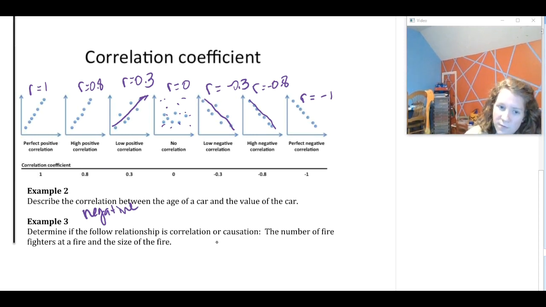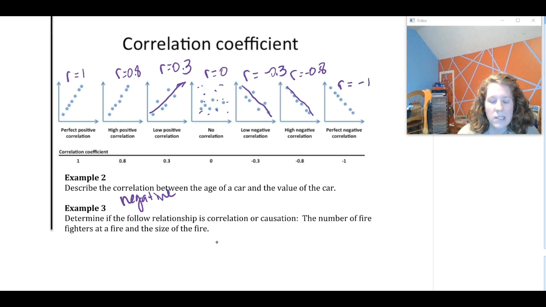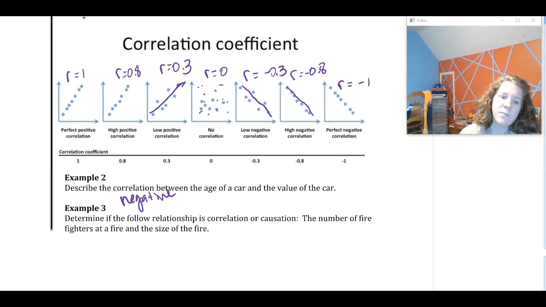Does the number of firefighters cause the size to get bigger or cause the size to get smaller? The instinct would be to say, yeah, if I've got a bunch of firefighters there, then the fire's going to get smaller because that's what they're there to do. But again, remember correlation. It's definitely going to be correlated because if more firefighters show up, then the fire gets smaller. But is it truly causation?